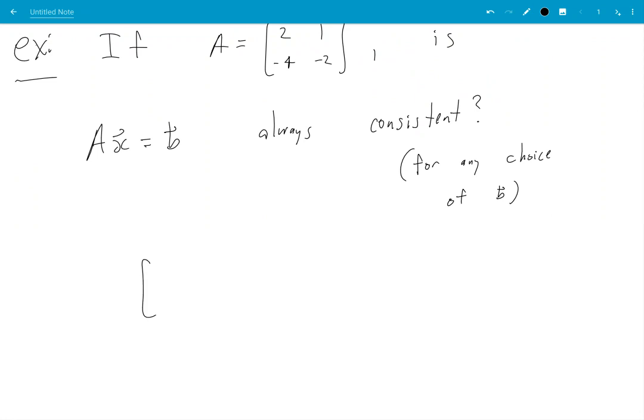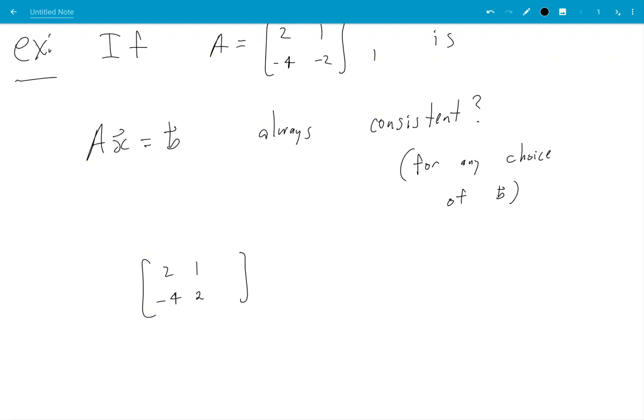If I use an augmented matrix instead, if I fill in those question marks in a certain way, can I obtain an inconsistent matrix? Well, sure.